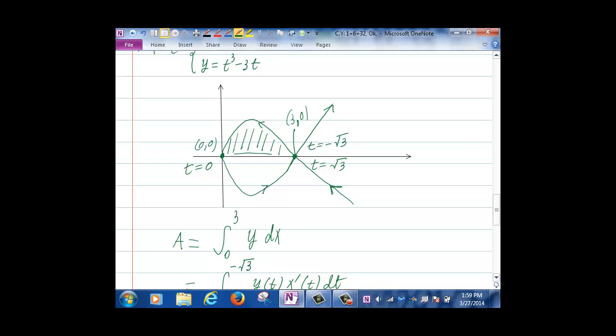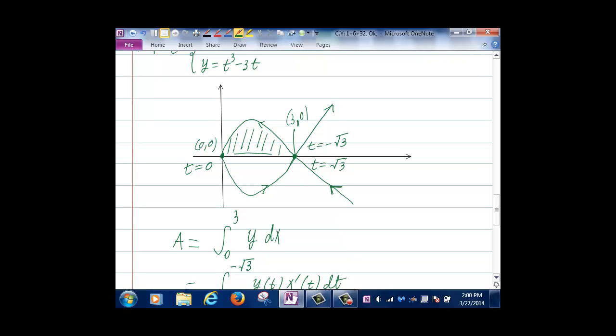when you take, suppose I have the graph of a function f of x, right? And I have x going from, let's say, alpha to beta. So what is the area here? In Calc 1, didn't you learn that the area would be, you integrate the function? So that gives you the area.